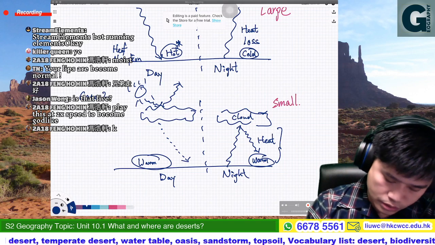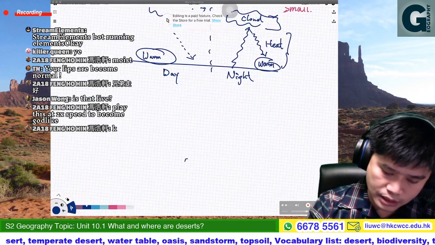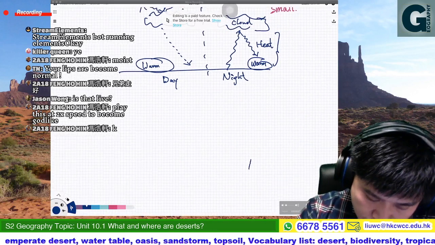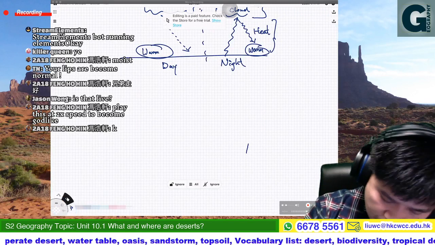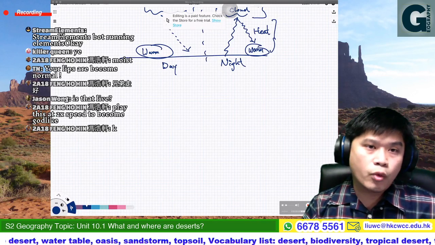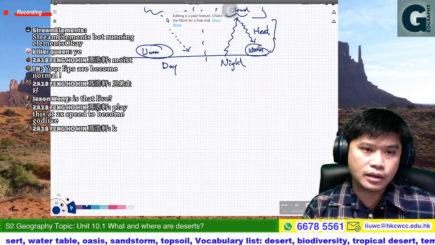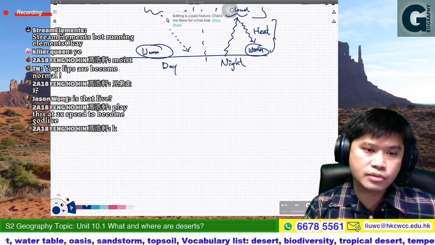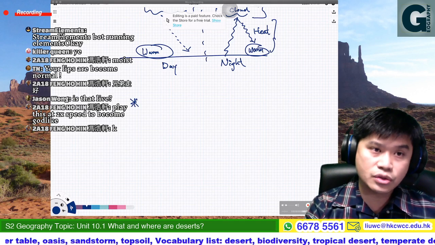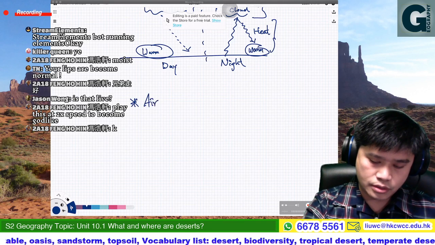Then the last one, you may write it down in your textbook as this point that is not mentioned, but I think you can understand it. Why is there no cloud cover, or just little cloud cover, in the desert? You may mark this: this is due to the air pressure.